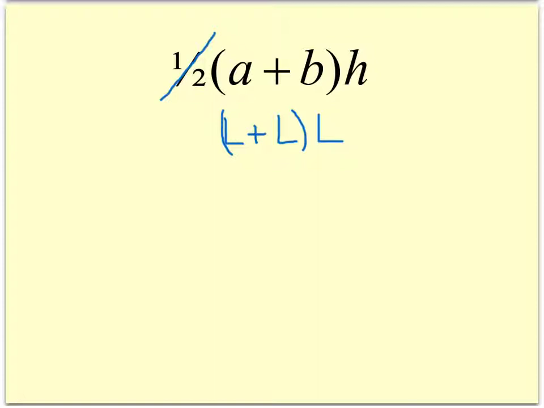Now, a length added to a length just gives me another length, or two lots of a length, so a length. And now I'm multiplying that by this other length that's outside the brackets. As we saw a moment ago, a length times a length is a length squared, and anything squared is always going to be an area.